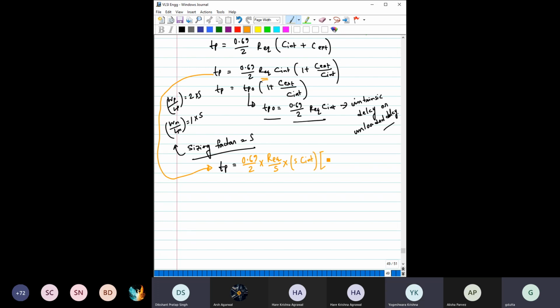Okay. What about C external? Will it change? It will remain the same. C external and C int we have already seen. C int will scale up S times.